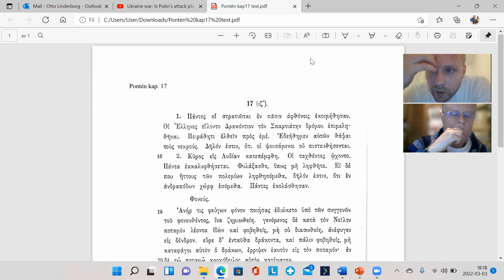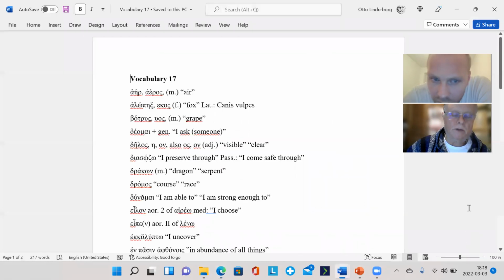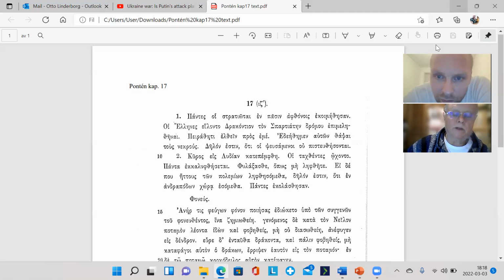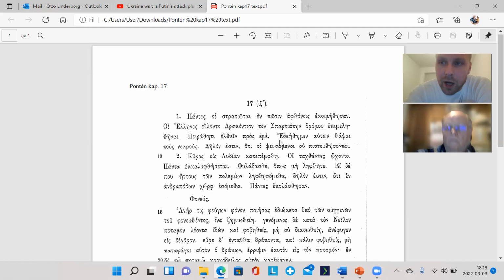Deomai with a genitive here, so ask someone for something. Okay, so we asked them to bury. Deomai plus genitive, I asked someone. Okay, so we asked them to bury the dead. Exactly. Apparently they asked enemy troops for permission to gather their dead and bury them.